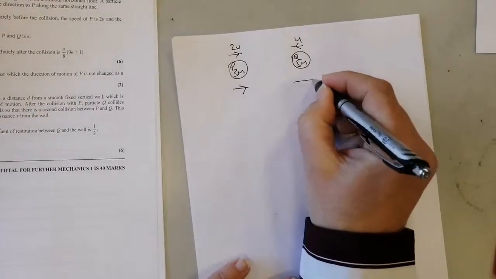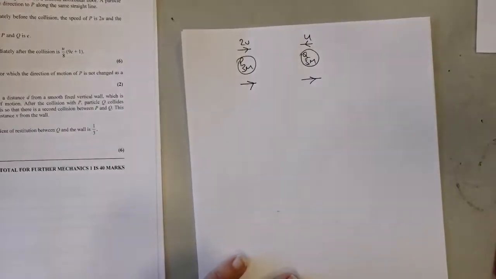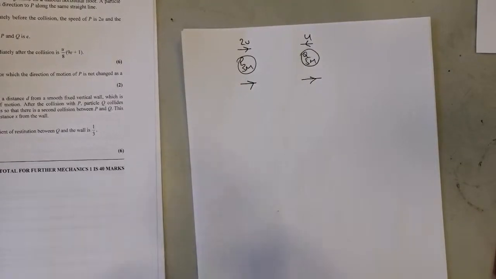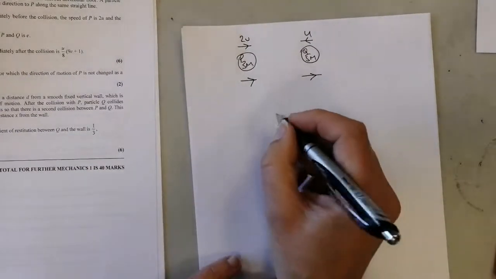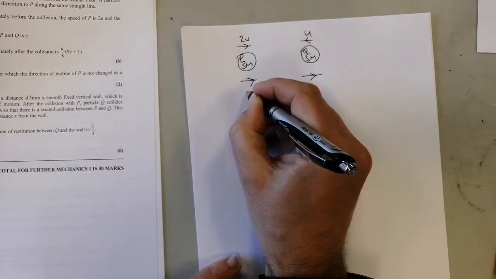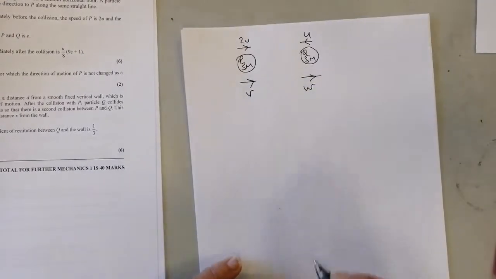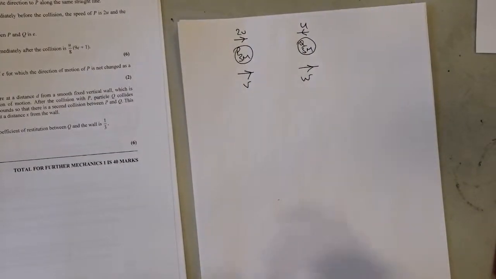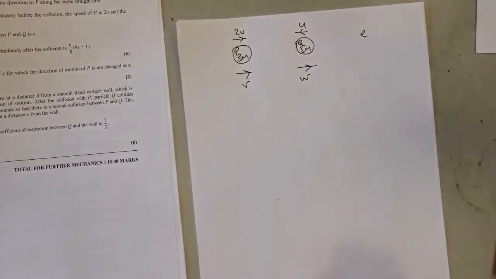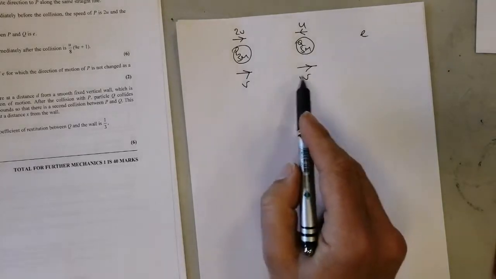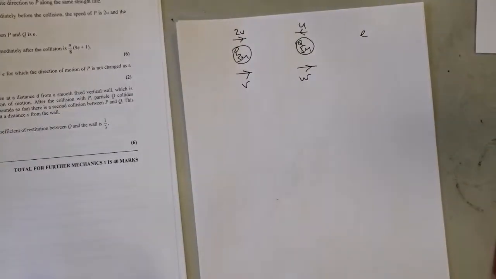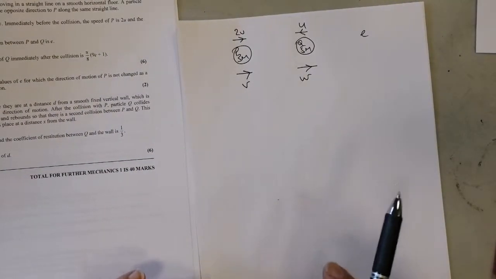So that one's obviously going in that direction after the collision, and we don't know either of those speeds, so we'll call this one V and we'll call this one W. And e is equal to e, so we don't know what that is. That's pretty much the picture drawn. We could have assumed that Q bounced back and P is going the other way, but since a small amount of reading tells us that's not what happens, we don't bother.